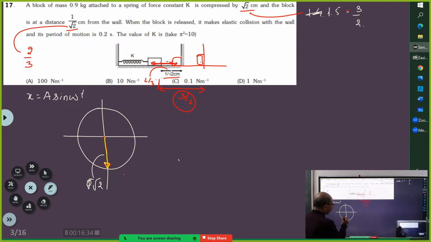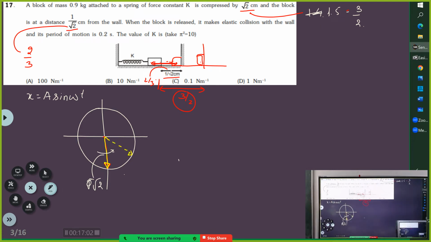Now this phasor is set to rotate, and it will hit the wall after traveling a distance of 1 by root 2, that is 2 by 3. Correct? So now this phasor would come here.